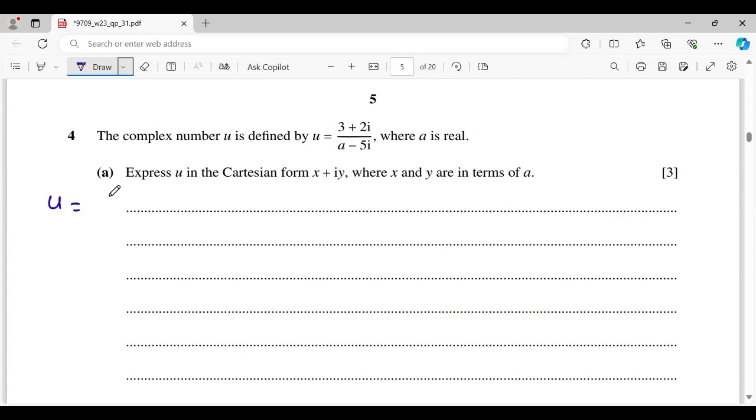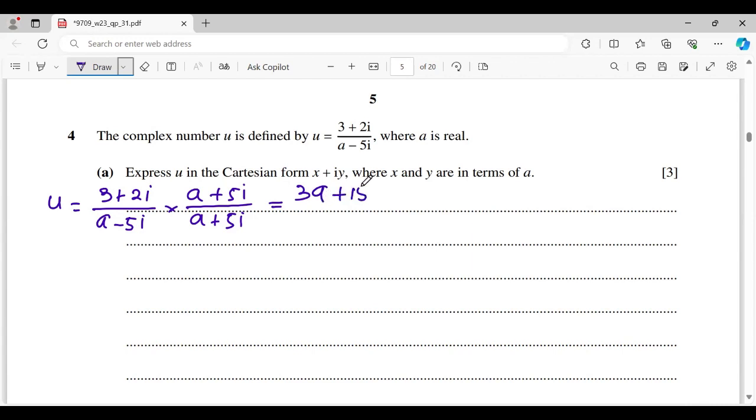So u equals 3 plus 2i over a minus 5i. I will multiply by a plus 5i over a plus 5i.